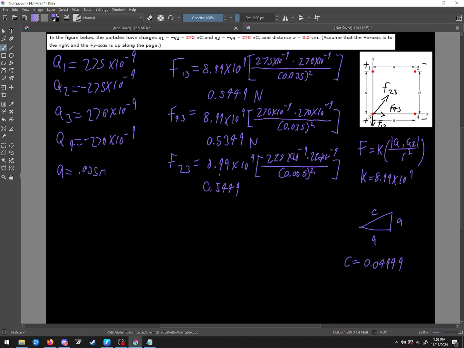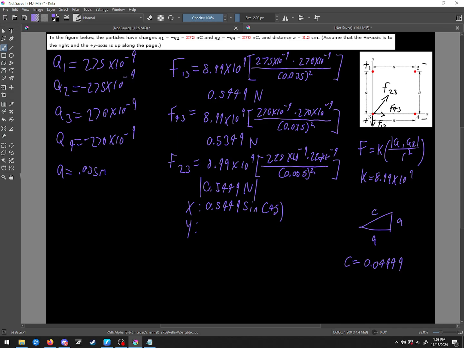Now this is going to be split into two forces. This is going to be the magnitude of the force. We're going to have an x value and a y value for this. And the x value is going to be 0.5449. Well, we could just say this is going to be sine of 45, can't we?